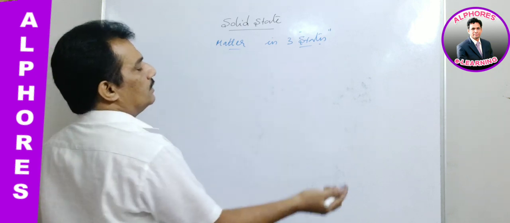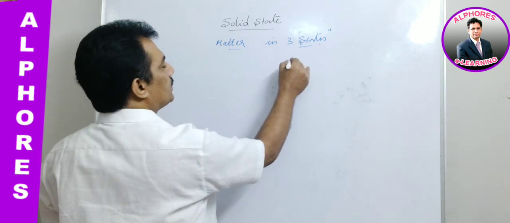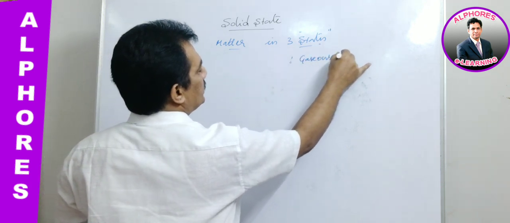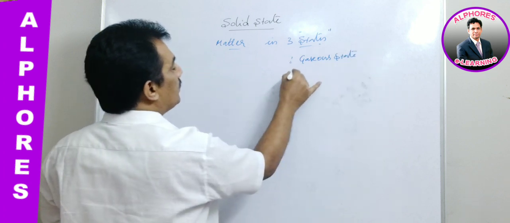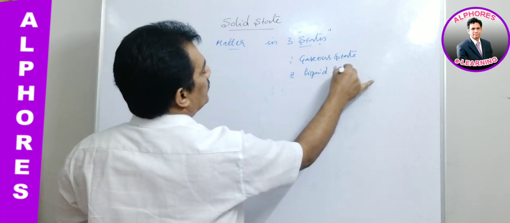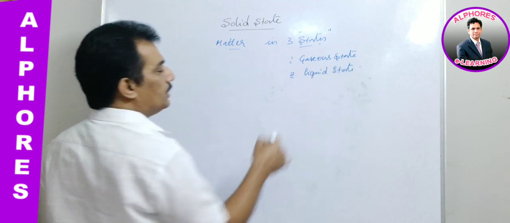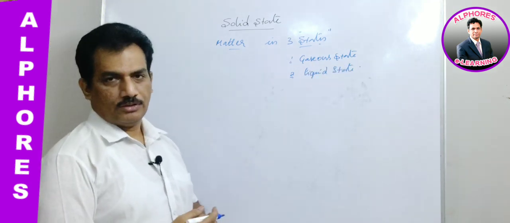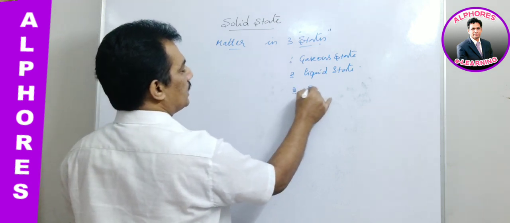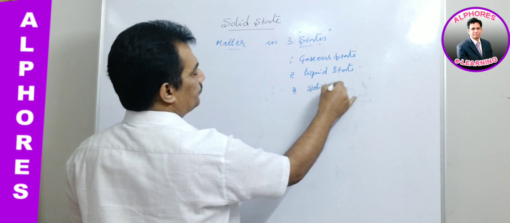Already we studied in junior inter 1, the first one is gaseous state, and the second one is liquid state. There, in gaseous state, we covered some liquid state properties also, and now coming to this, it is solid state.